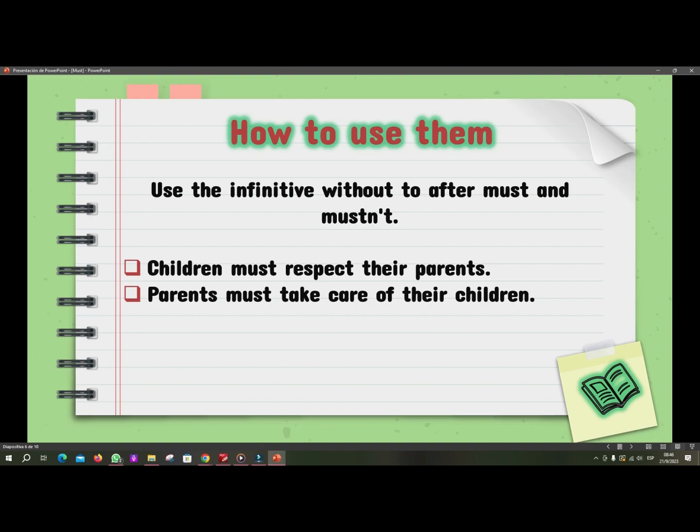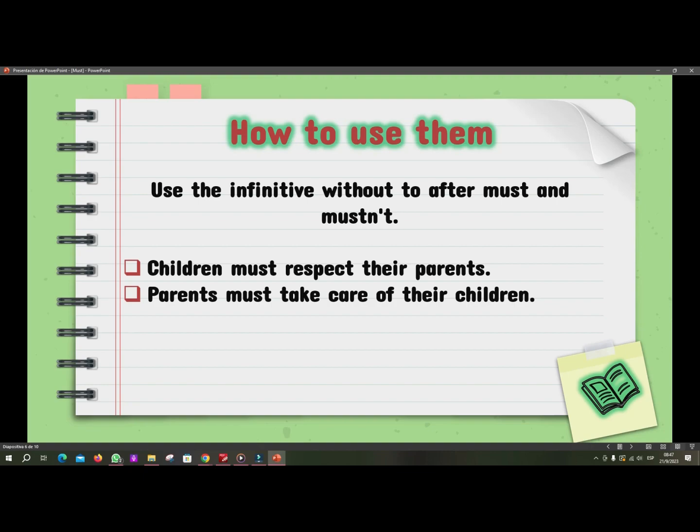So you're going to have the subject, the modal verb, in this case must or mustn't in negative, and the verb in the base form, okay? Even if you're using third person, aunque ustedes estén utilizando tercera persona del singular, recuerden, si están usando un modal verb, ustedes van a escribirlo en su forma base, el verbo.